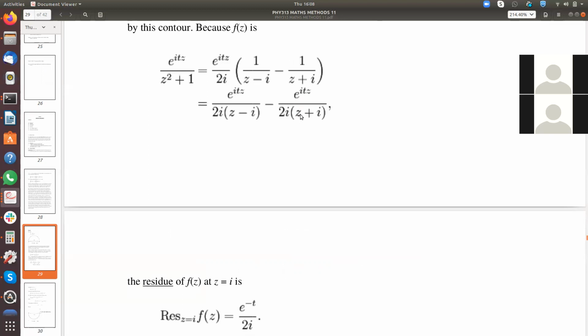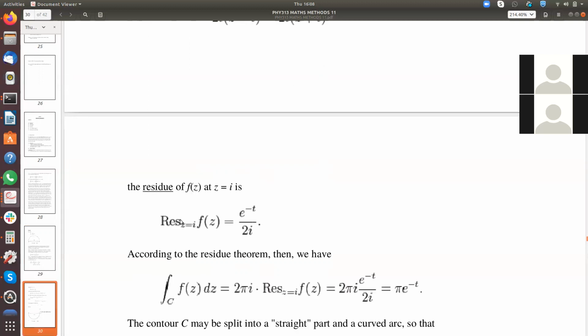If you put z equals i here, i plus i gives you 2i. Then it will be 2i times 2i, that gives you 4i squared, and i squared is equal to minus 1, which cancels the negative here. So we now have an ordinary 2 here. So we say that the residue of f of z is equal to exponential minus t over 2i.